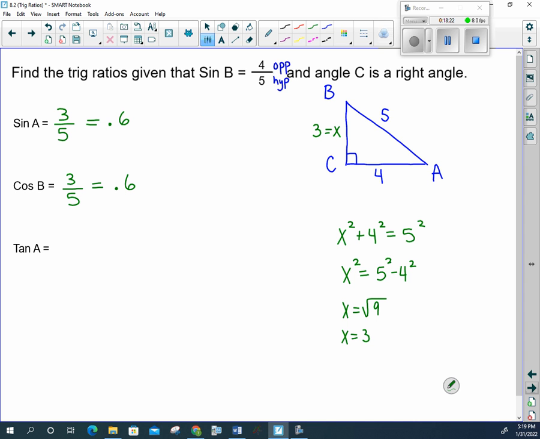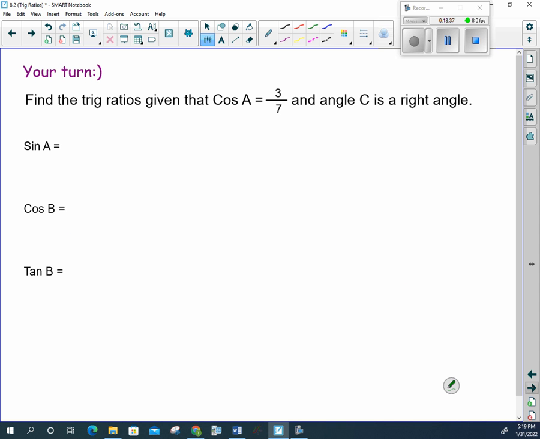And tangent of A is opposite over adjacent, and as a decimal, that's 0.75. So you could have it written as a fraction or a decimal, either one.